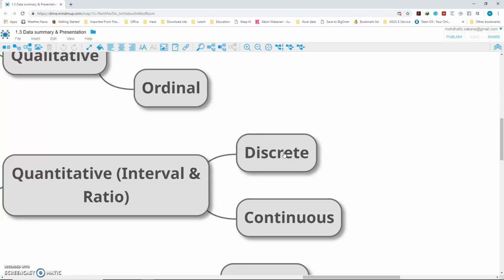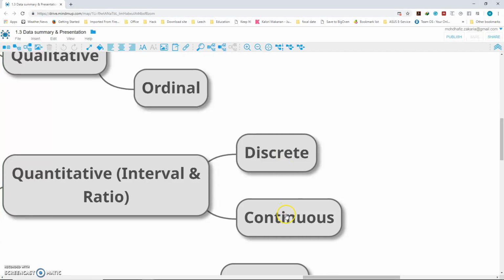You can only have 1 or 2 or 3 students. So in other words, for discrete data, after 0 is 1, after 1 is 2, after 2 is 3, after 3 is 4. Those are what it means by discrete data. Let's look at the difference between discrete and continuous later.